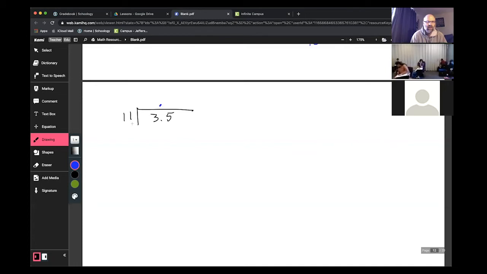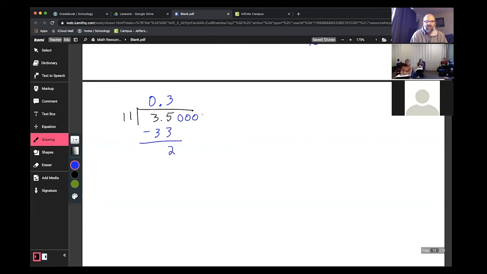We're not dividing by a decimal, so I can just bring this decimal straight up. 11 doesn't go into 3, but it goes into 35 3 times. 3 times 11 is 33, subtract, 2.